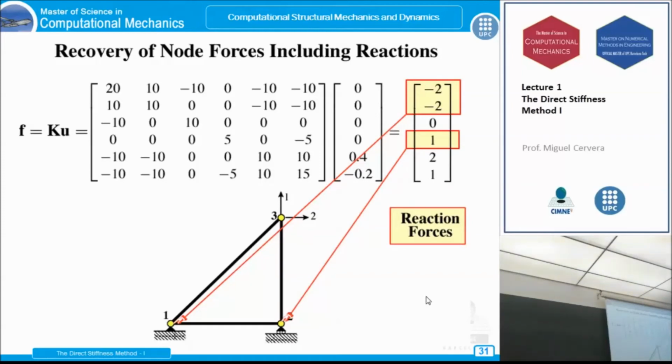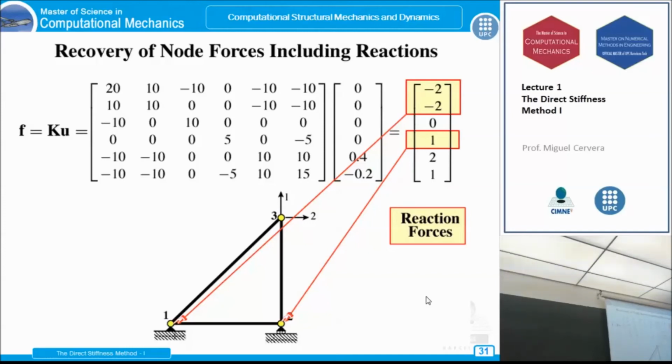For instance, what about the reactions? Well, we can go back to the original equilibrium equation. Now we know all the displacements. We can make the multiplications. And here we find, you see, first row times all the displacements. This is the reaction, the X reaction here.